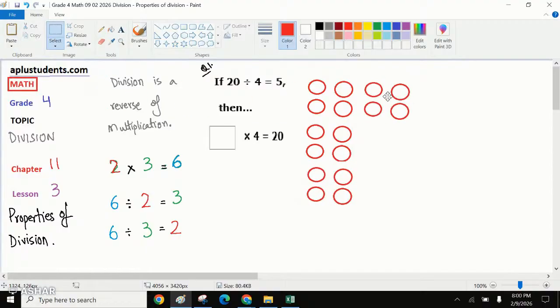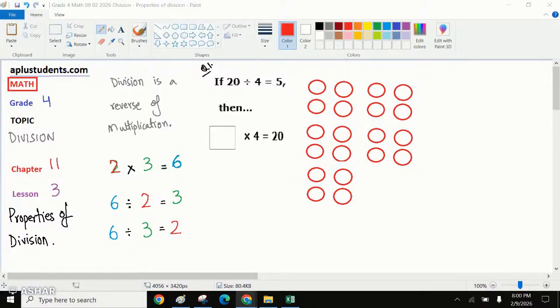In case of division, what we need to do is make groups. If 20 was divided by 4, that means these are 20 circles, and when they are divided by 4, that would be 5.